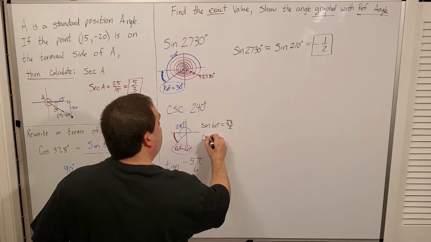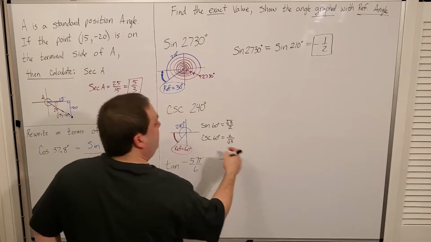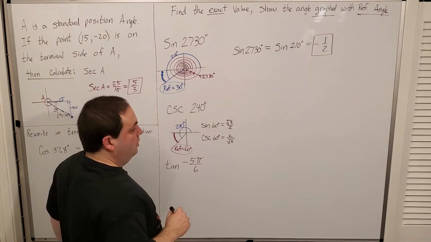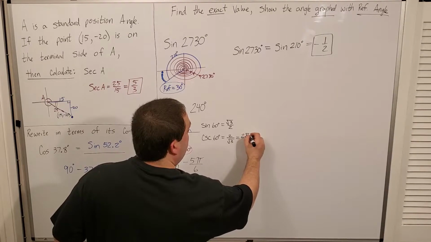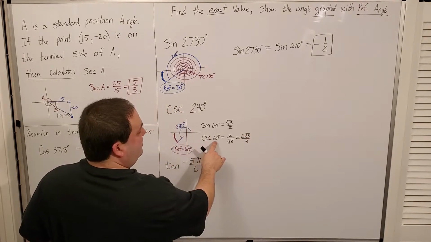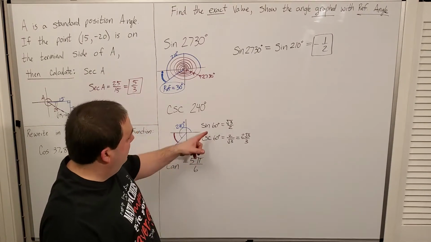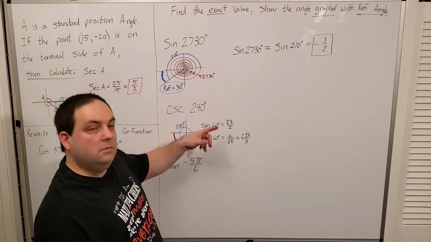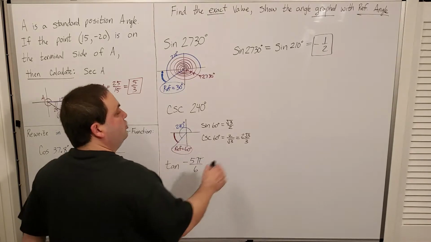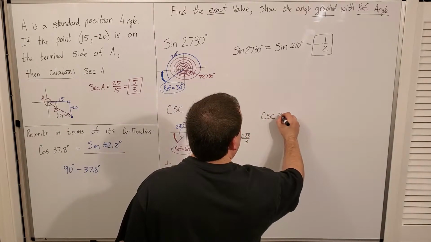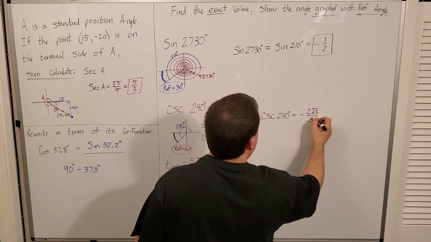Then that means that the cosecant of 60 is 2 over the square root of 3, because sine and cosecant are reciprocal operations, which of course I will fix to 2 square root of 3 over 3. Now that's the cosecant of 60 degrees. That's my reference angle. That's the size. Now the sine, however, right, is negative in quadrant 3. So the cosecant of 240 degrees is negative 2 square root of 3 over 3.